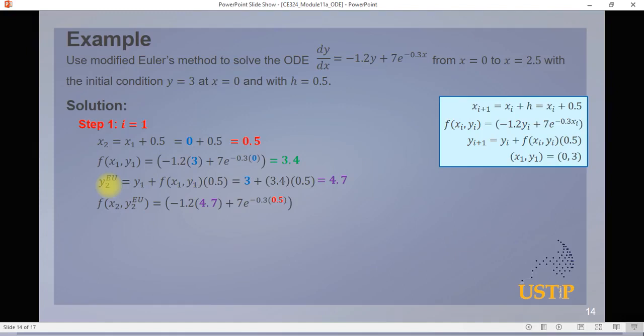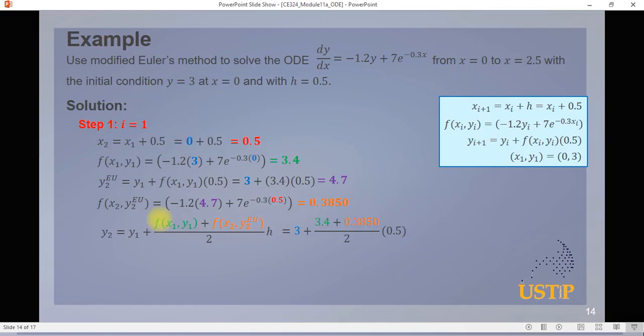Given we have already values of x2 and y2, we can now solve again for f of x2, y2. So that is equal to 0.3850. And then y2 is just equal to the formula for modified Euler's method, which is the average of these two slopes, the slope of f of x1, y1, and f of x2, y2.